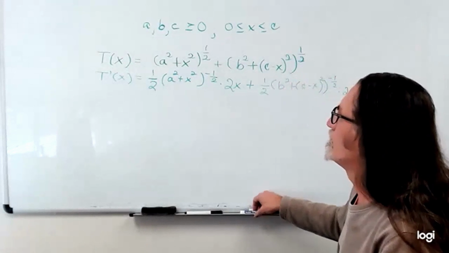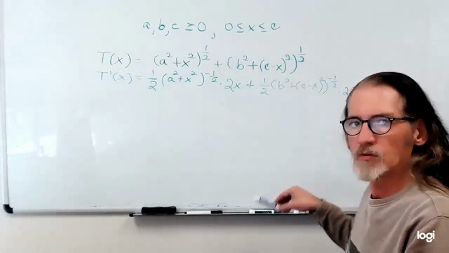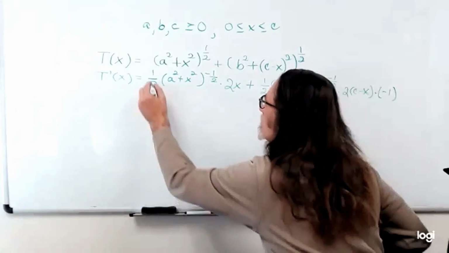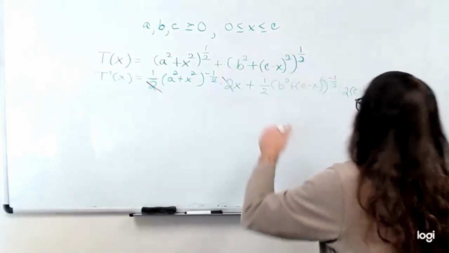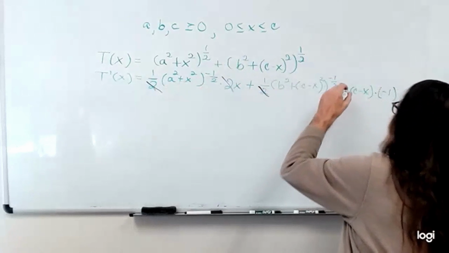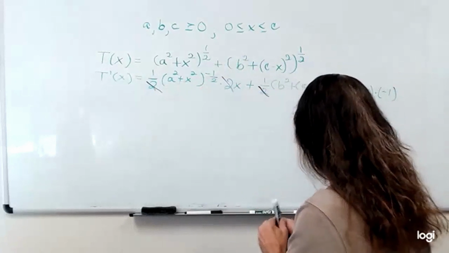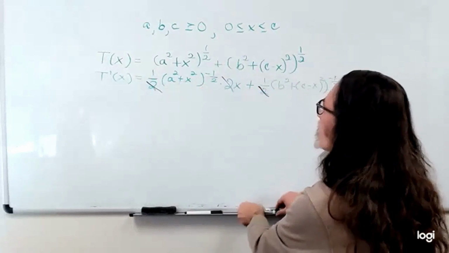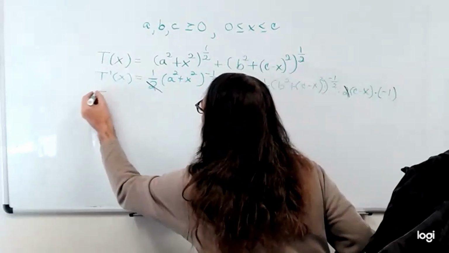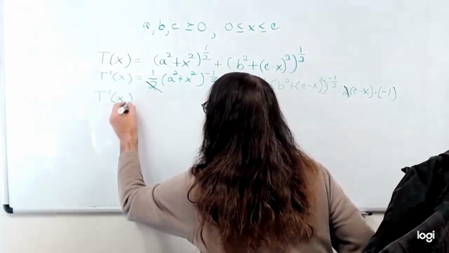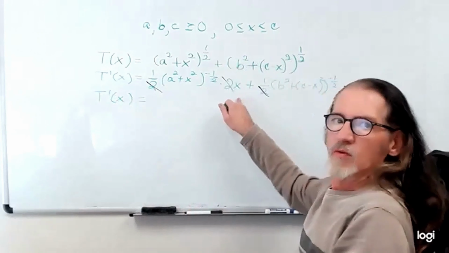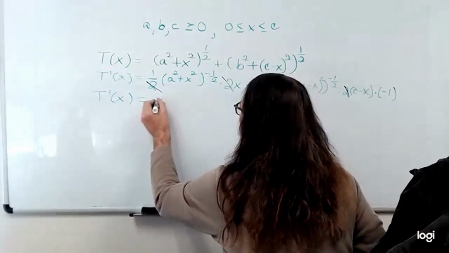Before trying to find the critical point, doing a little simplification, the 2's cancel, both here and over here. Bring the x in front, just a little easier to look at.